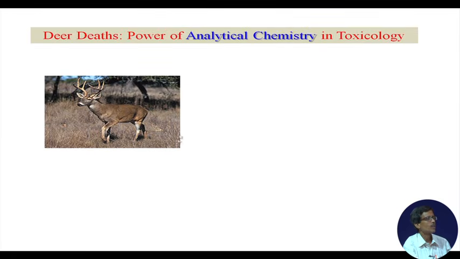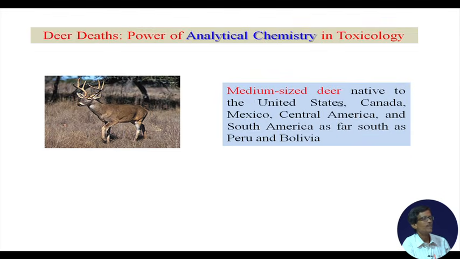These are the corresponding deer available in this park, a medium sized deer which is native to the United States and some other countries. The death of this white tailed deer is due to consuming these grasses where something has been added.